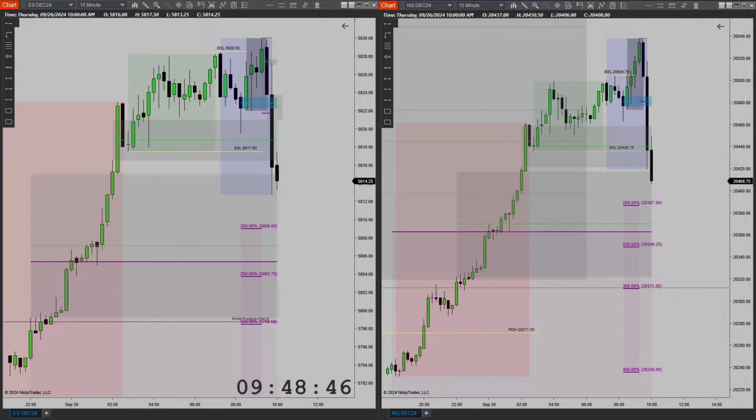Okay, so now we have SMT at the lows on the 15-minute. I could still use it to maybe do something. Nope, keep on displacing lower. Now we have relative equal lows. Yeah, this looks exactly like that one time.